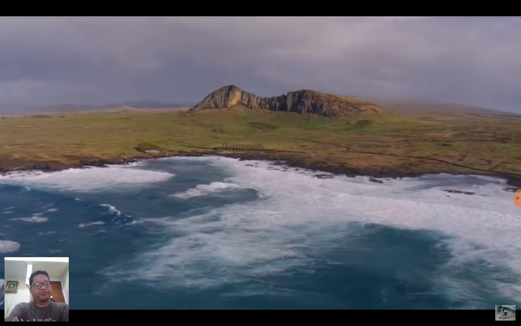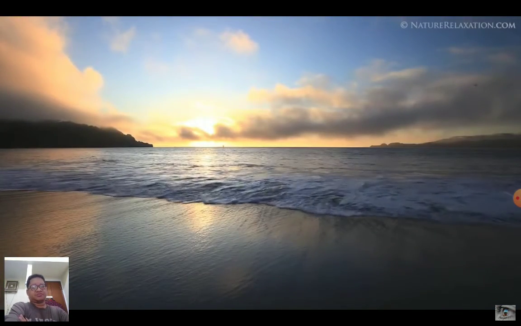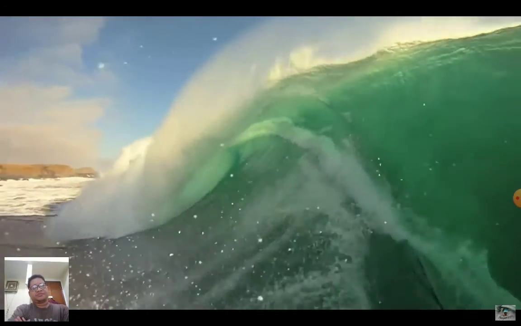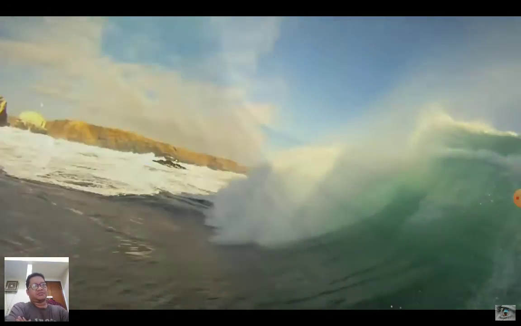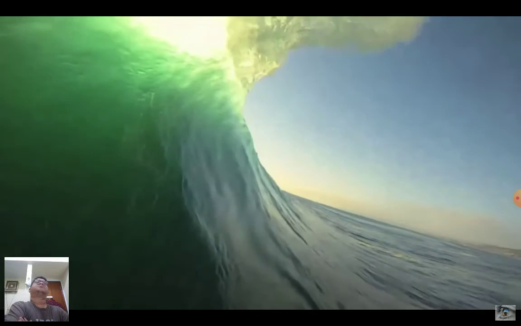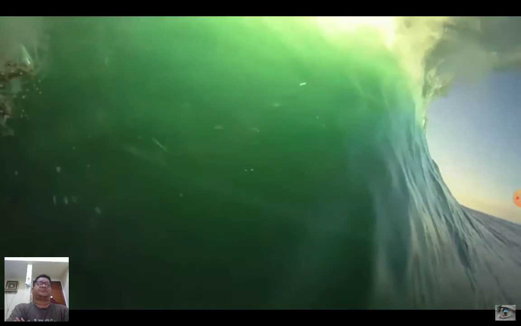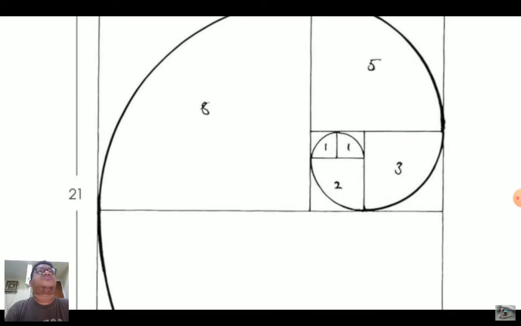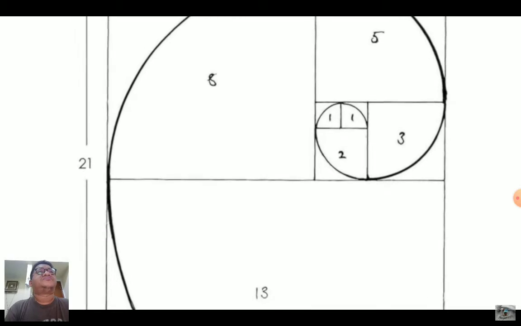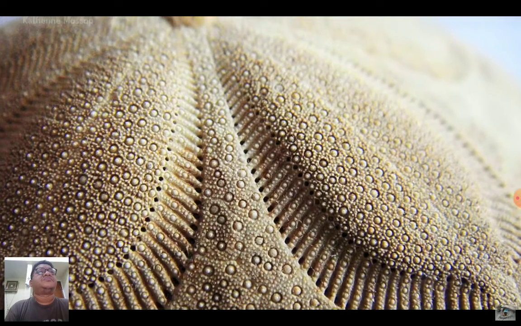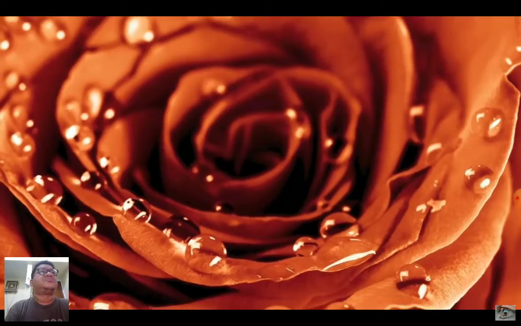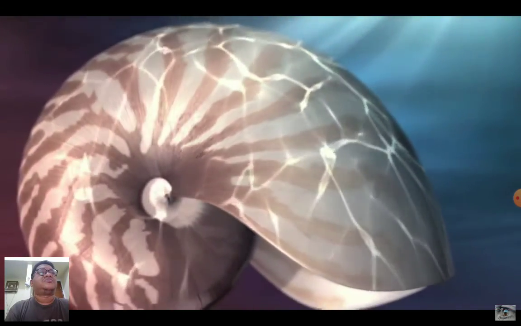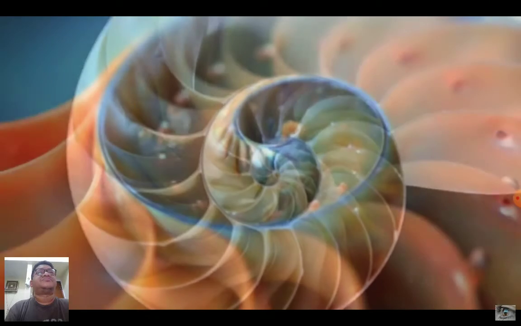As currents move through the ocean and the tide rolls onto the shore, the waves that bring in the tide curve into a spiral that can be mathematically diagrammed onto a plot at the points 1, 1, 2, 3, 5, 8, 13, 21, 34, and 55. Buds on trees, sand dollars, starfish, petals on flowers, and especially the nautilus shell are formed with this exact same blueprint.